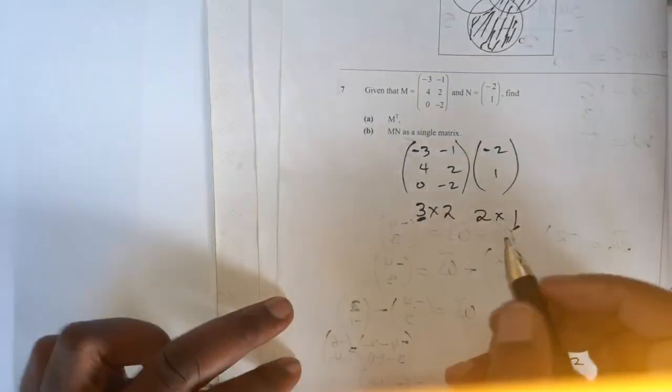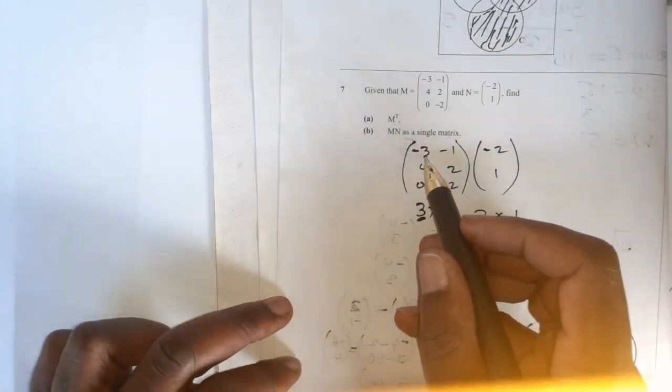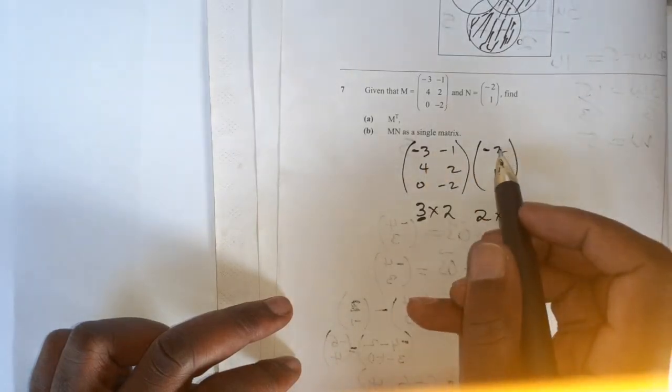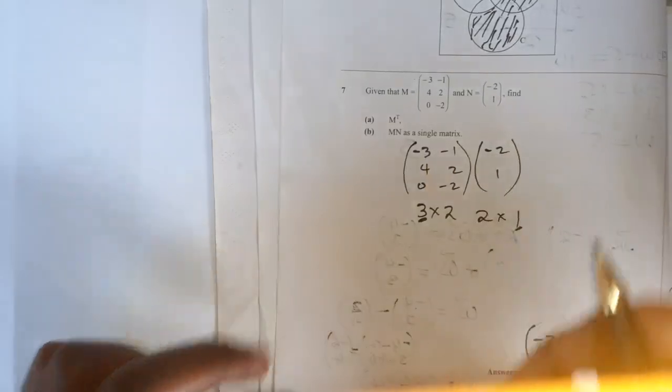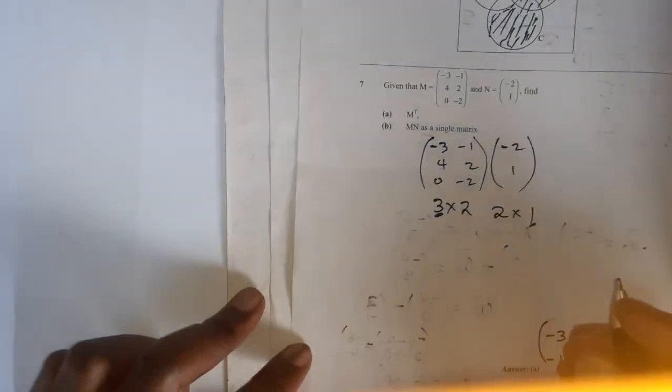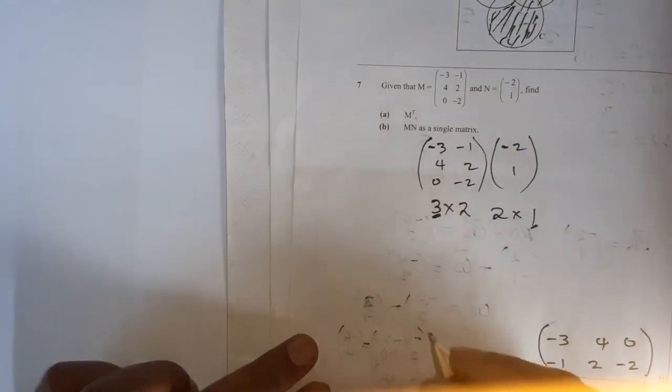So let's do that. -3 by -2, what do we get?